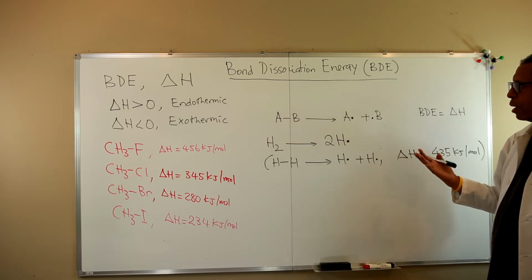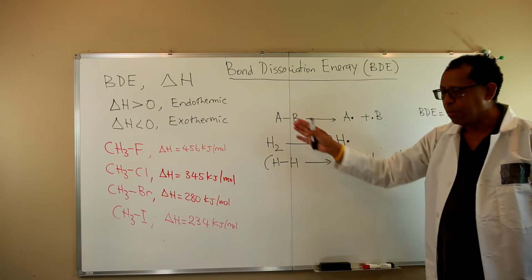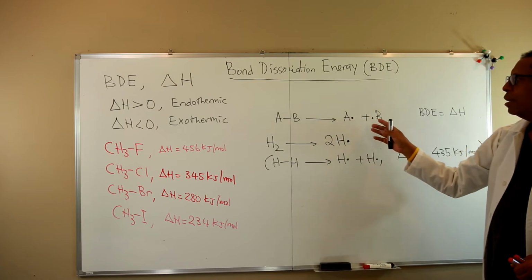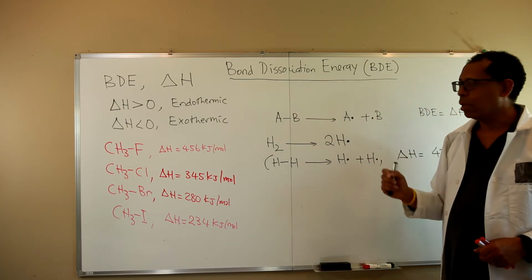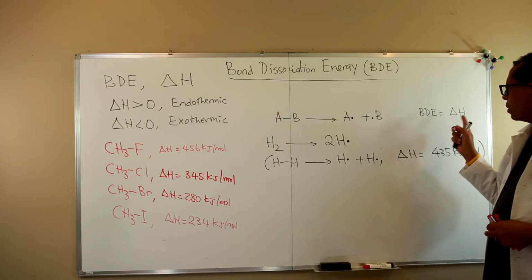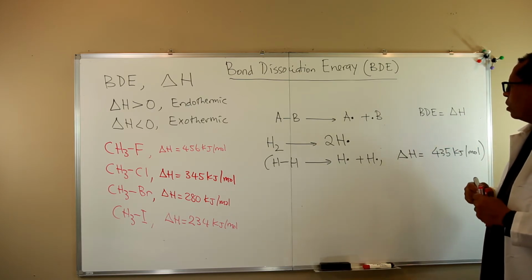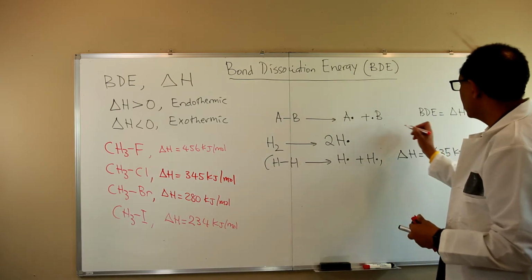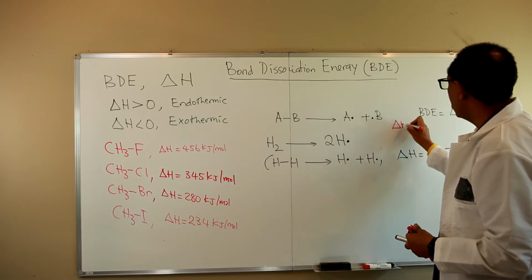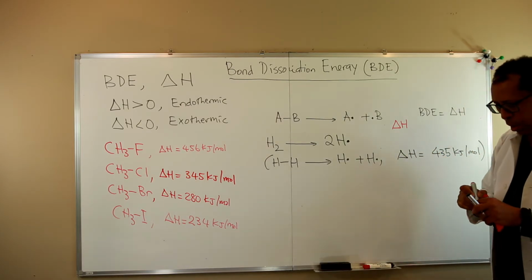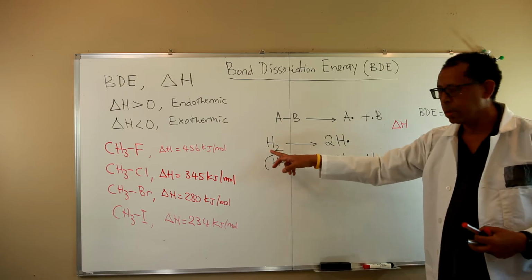The energy that's put in to break the bond is the bond dissociation energy. You need that much energy to break a bond. That is called the enthalpy of that reaction, usually represented as delta H. So let's take hydrogen gas.